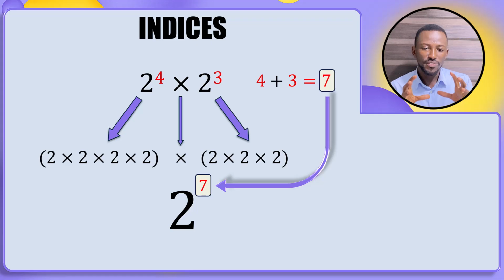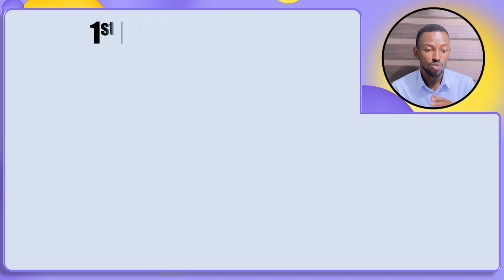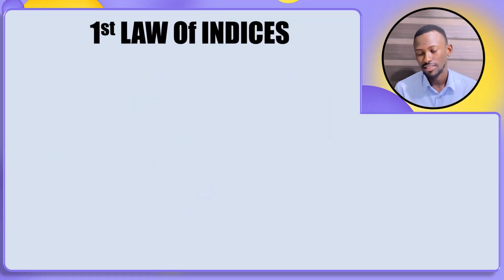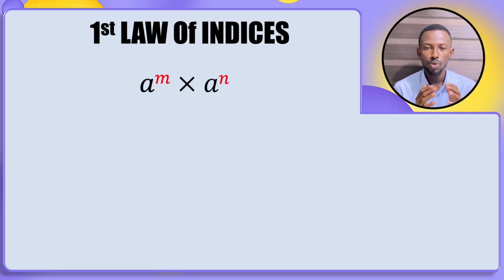Now that we've seen the connection between the powers and the answer we've gotten, that leads us directly to the first law of indices. So how would we understand the first law of indices? Suppose we have this expression, a exponent m times a exponent n. The a is the number, also known as the base. You can see that a exponent m has the same base as a exponent n.